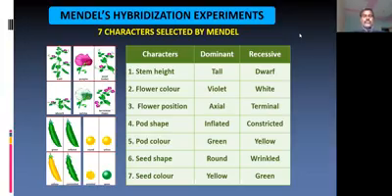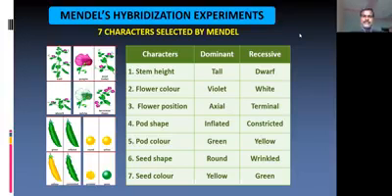And the flower position, whether the flower is axial or terminal, that also he observed. Dominant was axial flower, recessive was terminal.